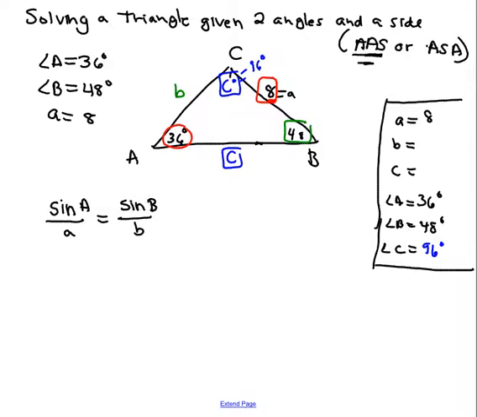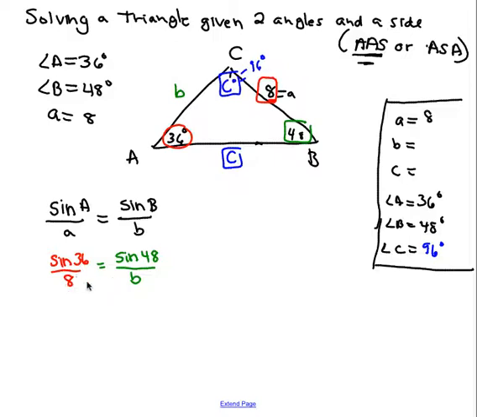When I plug in the information, I take the sine of 36 over 8 in red, and in green, the sine of 48 over b. When you set these up, you only want to have one unknown so that you can solve this.